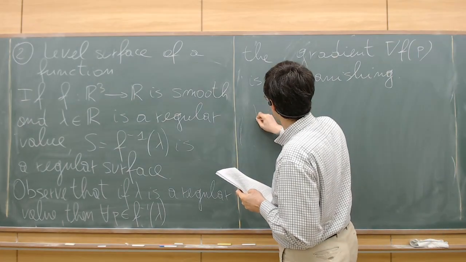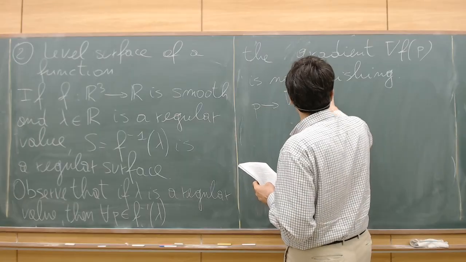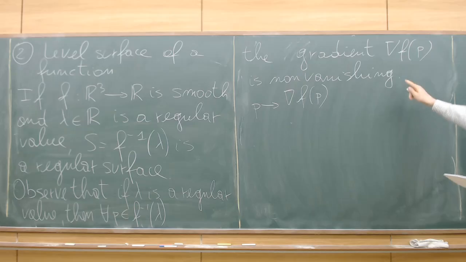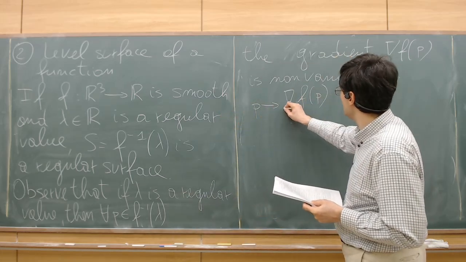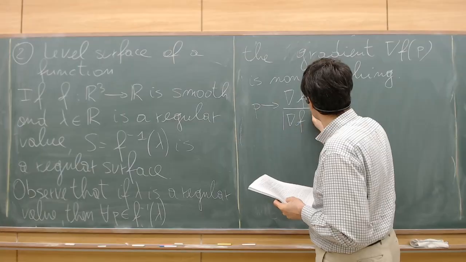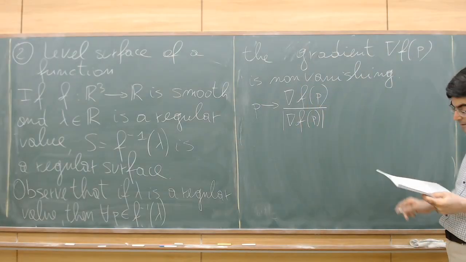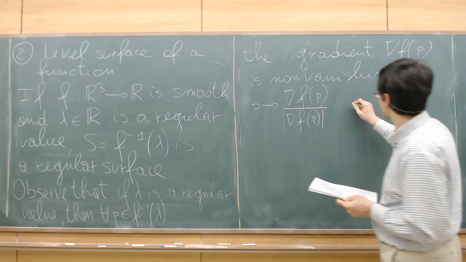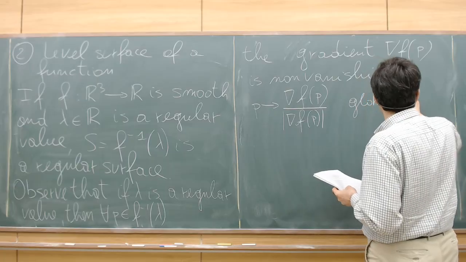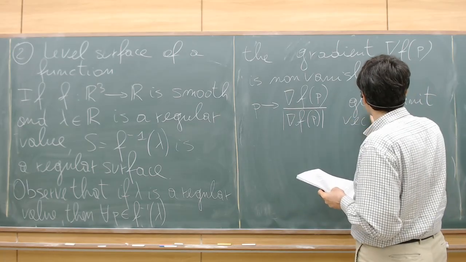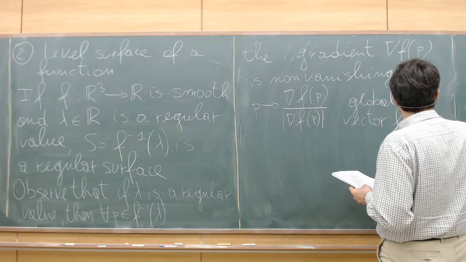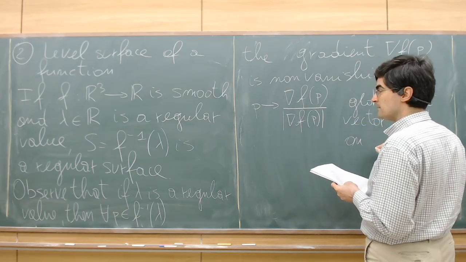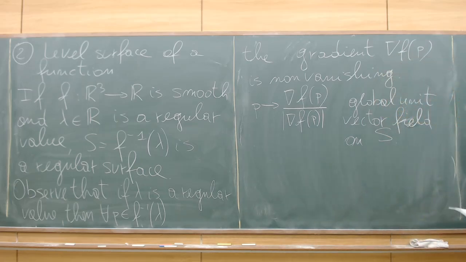So the map p to gradient of f at p defines a non-vanishing vector field on f inverse of lambda, and if we divide by the length of the gradient, we get a unit vector field on S. It remains to prove that this is also a normal field.